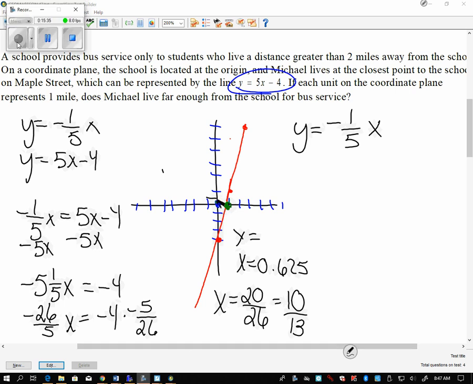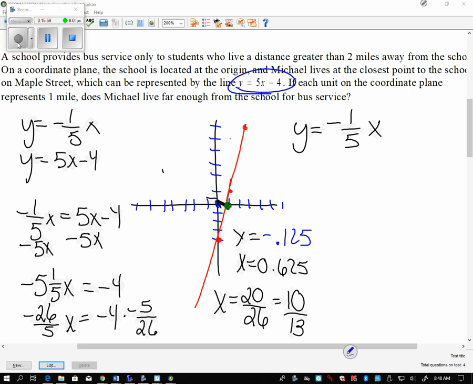All right, everybody check. We got negative 1/5, so I would do parentheses, negative 1 divided by 5 times 0.625. What? Negative 0.125. So it's not very far below the x-axis, correct?